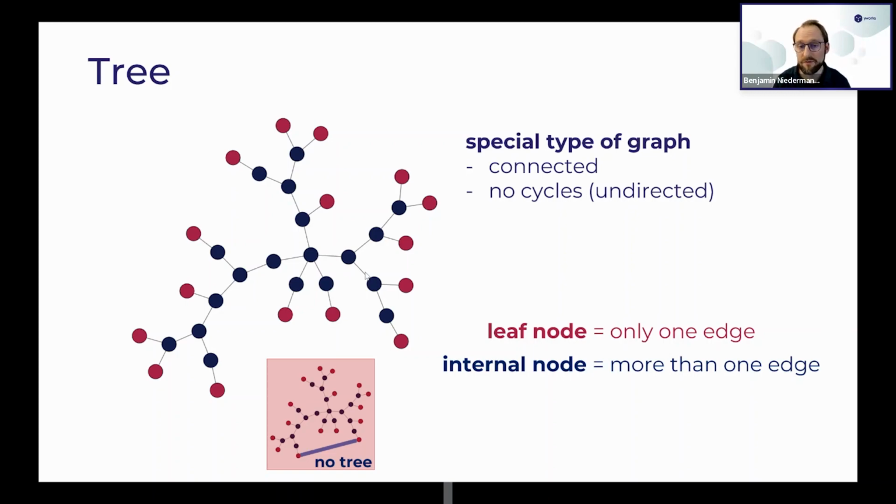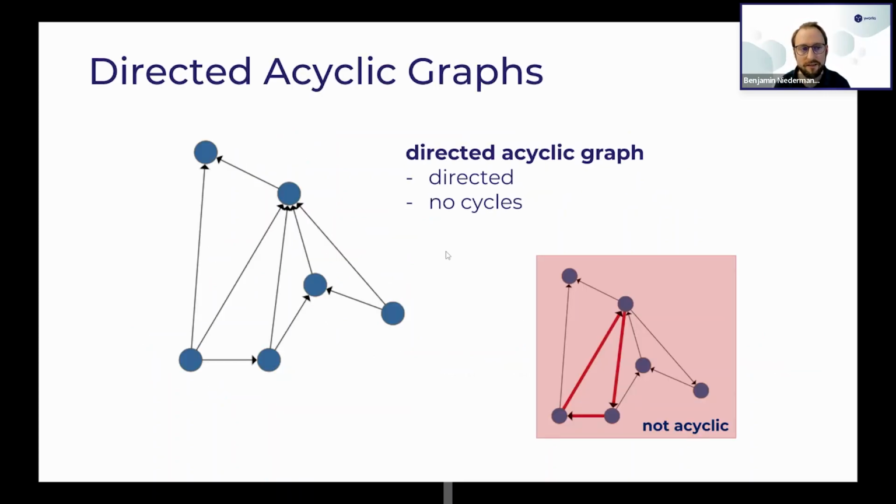And the question is, do we have a tree as data structure, or as graph structure, or not? And this is already an important information, because for trees, there are very specialized algorithms that can use this information to optimize the layouts. The next question that we can also answer in the same way is whether the graph is acyclic, directed acyclic.